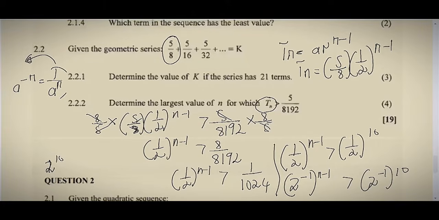Now, let's continue with the question. So now if we have the base 2 there, what we are supposed to do now is to say 2 to the exponent of negative n. And then this is negative 1 times n, that's negative n. Negative 1 times negative 1, that's positive 1.